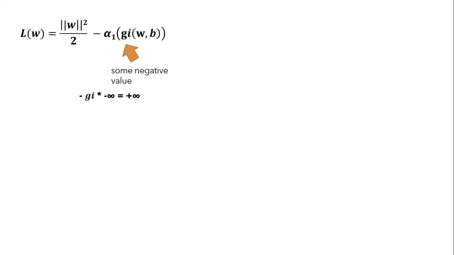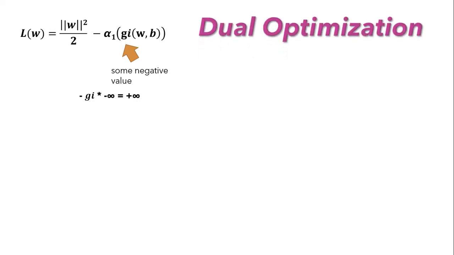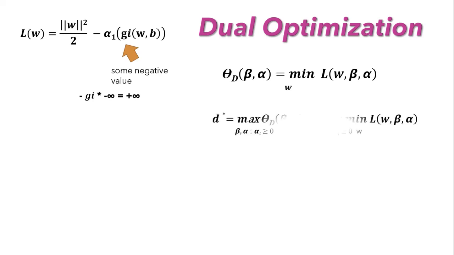Now let's say I switch the order. When I say switch the order, that means if I first minimize the function with respect to some coefficient and then do maximization of that function, then it will be known as the dual optimization technique. So in the dual formulation, we first do minimization over the w term, and then we do maximization over the alpha and beta terms.